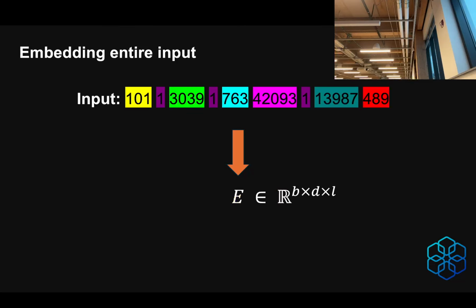From now on, we are going to refer to this input that we are giving as an embedding vector E. Embedding vector E is going to be of real numbers in this dimensional space. B is going to be the batch, because these models are made so they can work with batches. And then D and L are going to represent the embedding dimension and the length dimension.